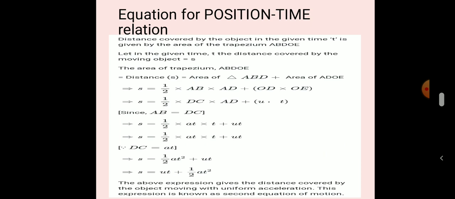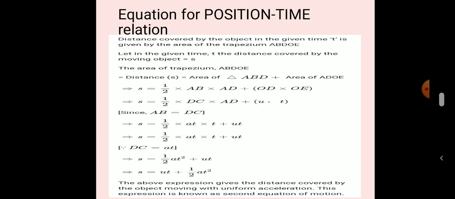Now just use the formulas for areas and we'll get S is equal to 1 half into AB into AD plus OD into OE. Now as we know that AB is equal to DC and OD is initial velocity and OE is the time. So just substitute the values, we'll get S is equal to 1 half into DC into AD plus U into T.